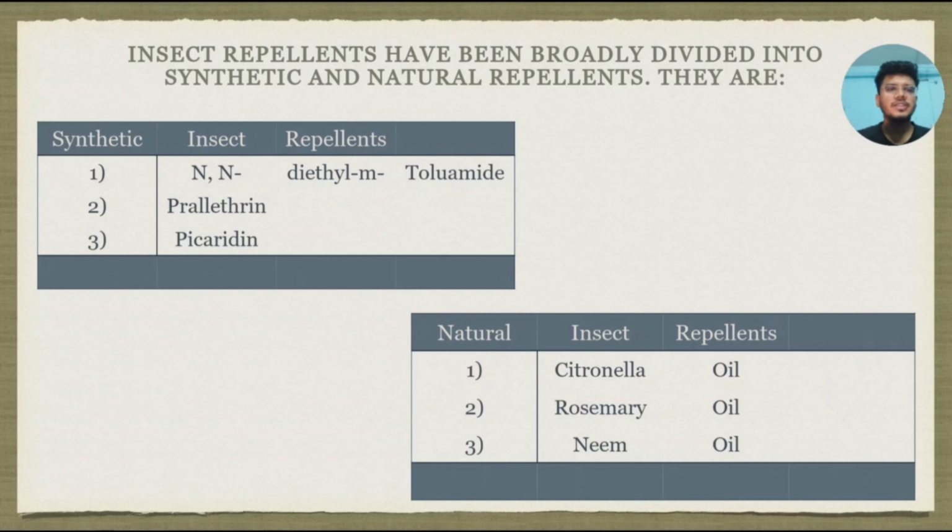Now there are 2 types of insect repellents which are available: the synthetic insect repellents and the natural insect repellents. The synthetic insect repellents include N,N-diethyl-meta-toluamide, also known as DEET, pyrethrin and picaridin. The natural insect repellents are citronella oil, rosemary oil and neem oil. Now we'll discuss each one of these in detail.